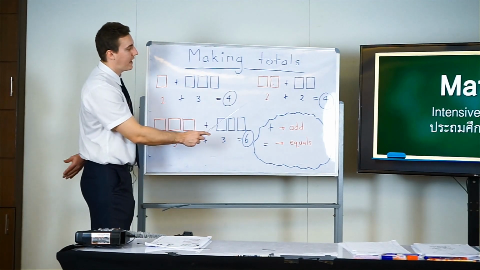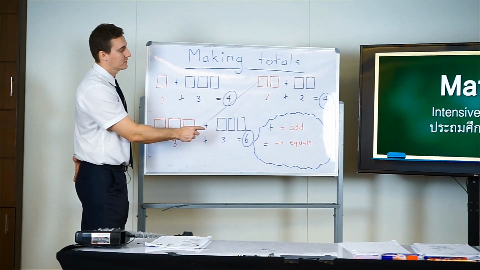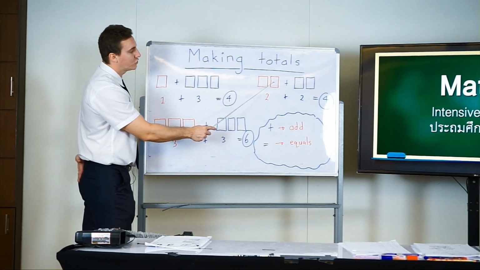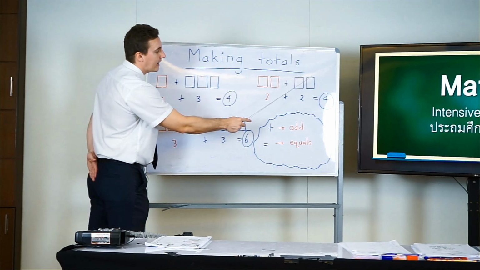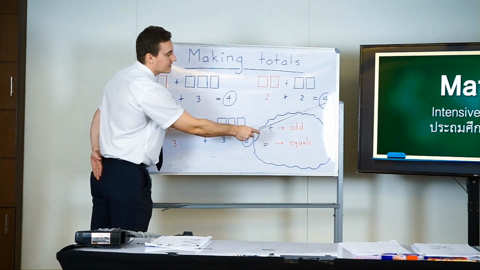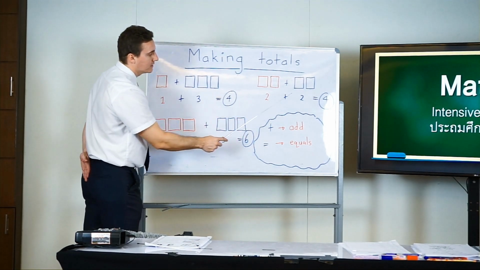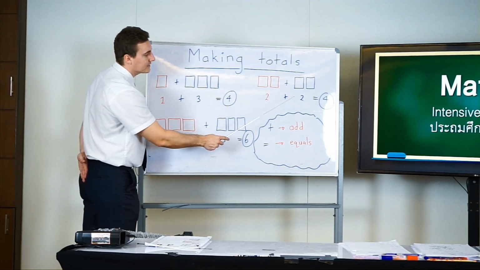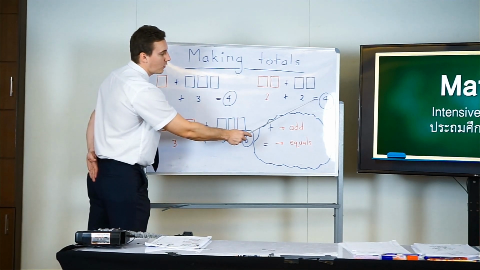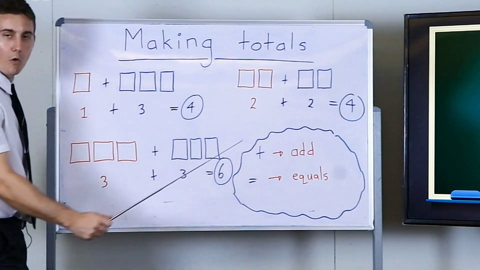Okay, 4. So we have, let's count. 1, 2, 3, 4. And the answer is 4. So 2 plus 2 equals 4.